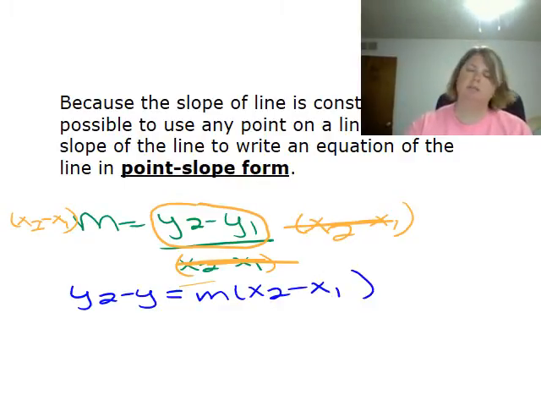Now, because in point slope form you only need one point, the x sub 2 just stays as an x, and the y sub 2 is just a plain old y. This should have a little 1. And now we have point slope form. Nifty.